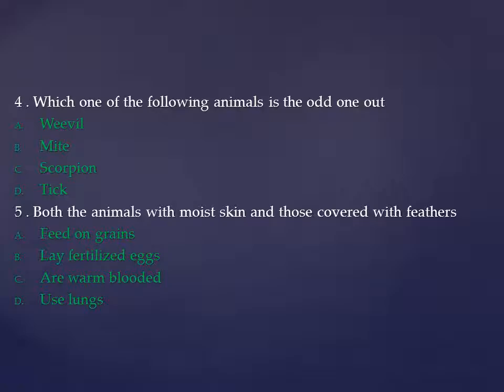Number 5. Both the animals with moist skin and those covered with feathers. I repeat, both the animals with moist skin and those covered with feathers. Candidates, what are some of the points which you should have on your fingertips for you to answer this question correctly? 1. Moist skin is found in amphibians. 2. Feathers are found in birds. 3. Frogs have no scales.